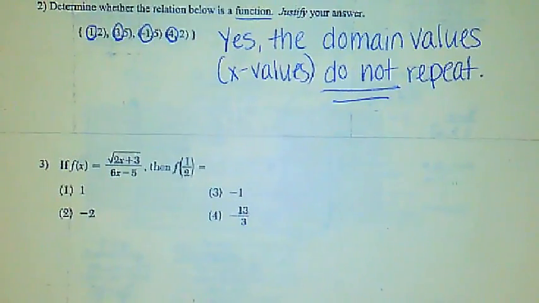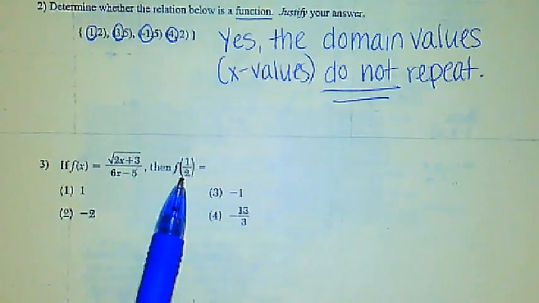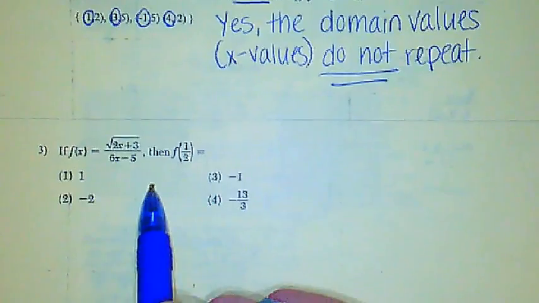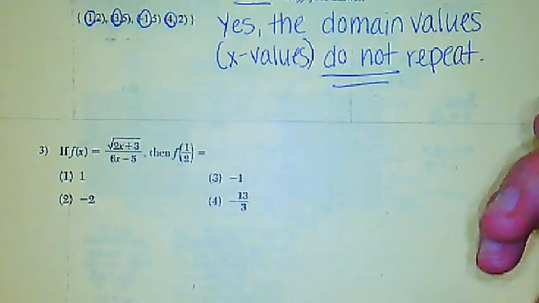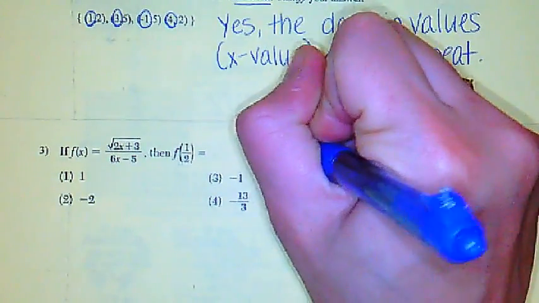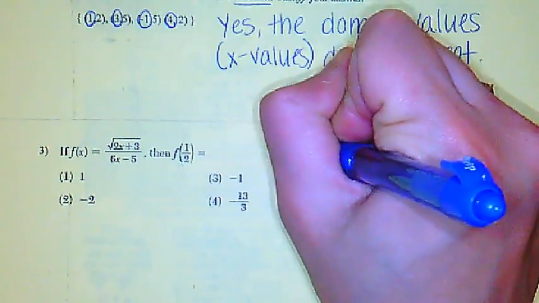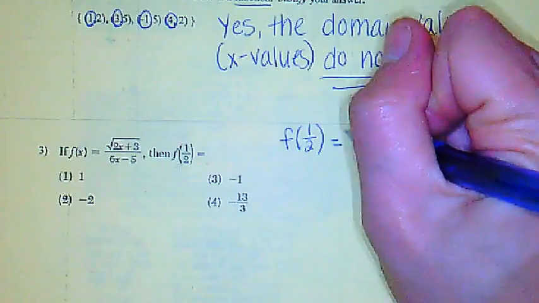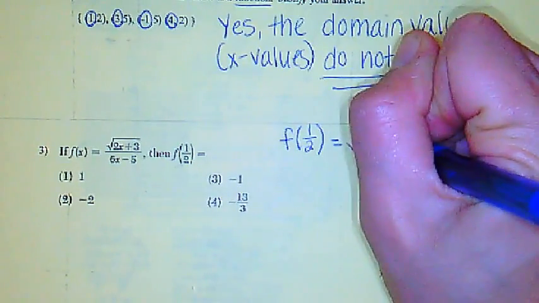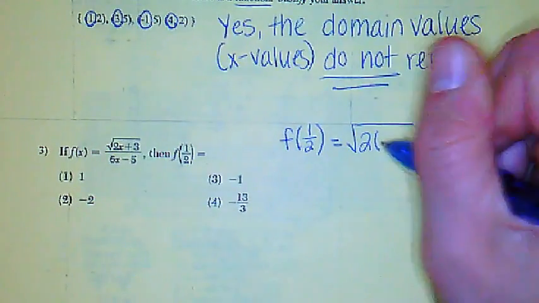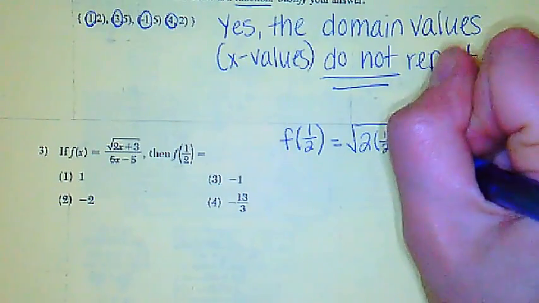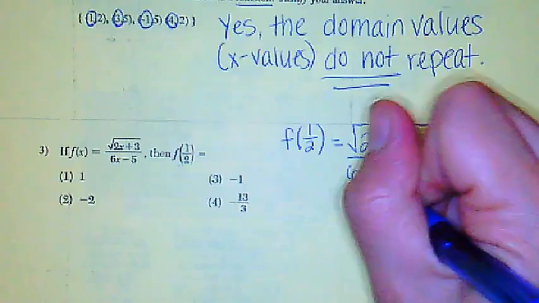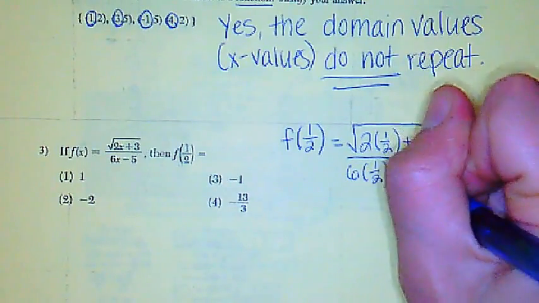So whenever you have a function and it wants to know that function at a certain point, and that says 1/2, and it's kind of blurry, all you're going to do is substitute that in. So I want f at 1/2, and I want to know what that equals. So everywhere I see an x, I'm going to write a 1/2. Okay, and then 6 times 1/2 minus 5.